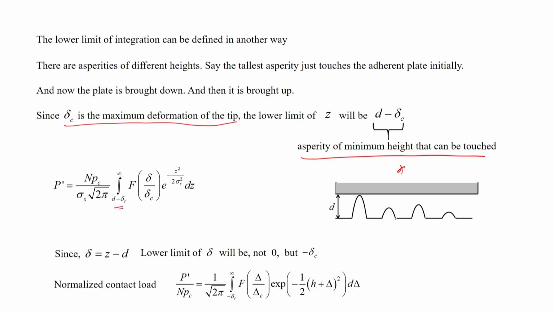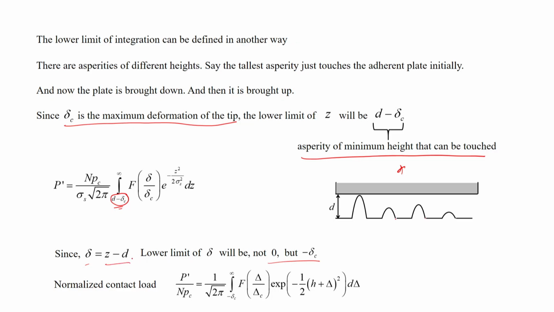That is the minimum height you can go to, because once we start pulling it, asperities up to height d minus delta c will come out of contact with this surface. Therefore, our lower limit should be replaced not by d0 but by d minus delta c.